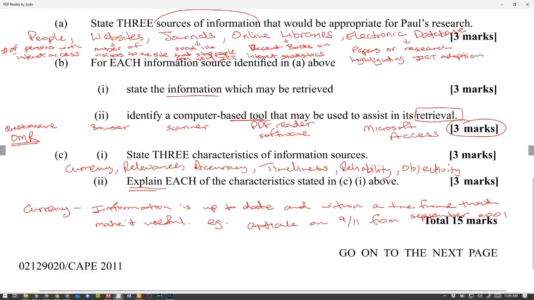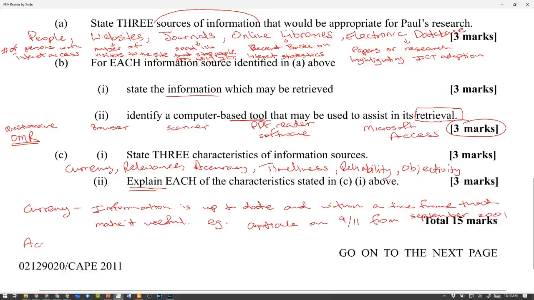Right, basically, you give a date that will match the time that it's needed. So you could also give an article about self-driving cars that was from the last 3 years or last 2 years or something like that. That would be currency.